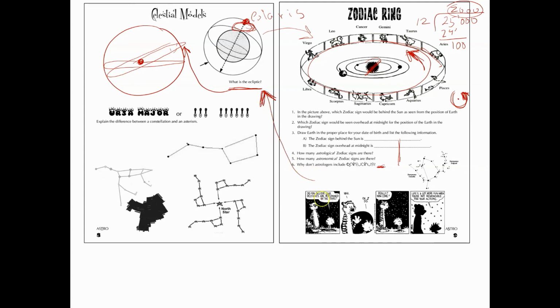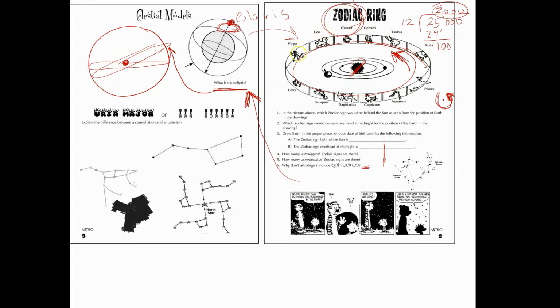The official definition in astronomy of the zodiac is any of the star patterns that the ecliptic passes through, or any of the constellations. So that's why astronomers view 13, whereas astrologers view the 12. So, a little summation there of what would be beneficial to have in your notes.